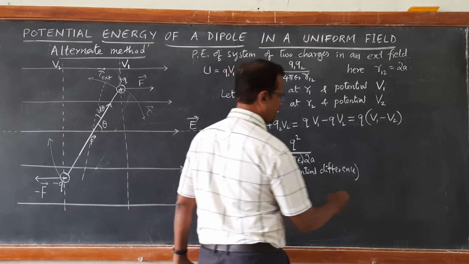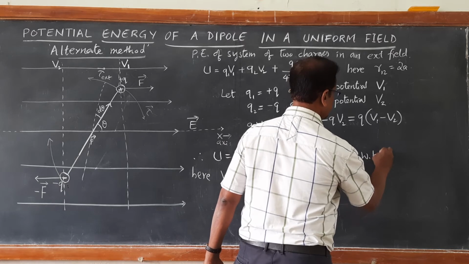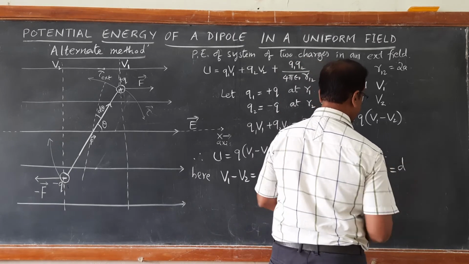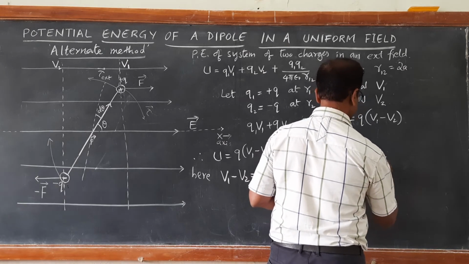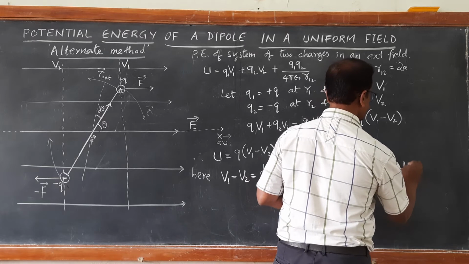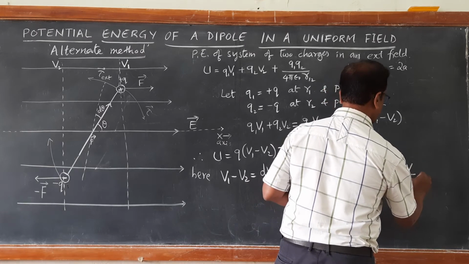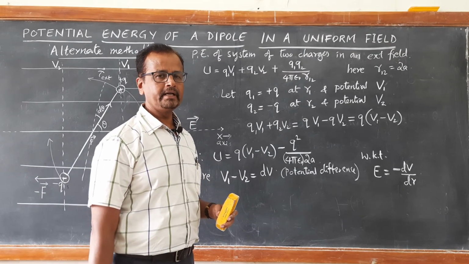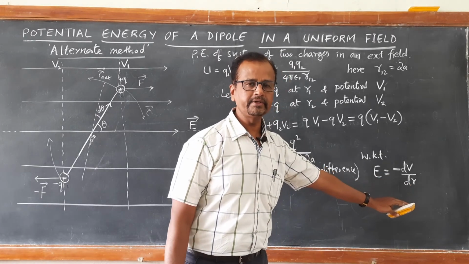We know that electric field E is equal to minus dV by dr, the negative potential gradient. This is what we derived in the earlier videos.